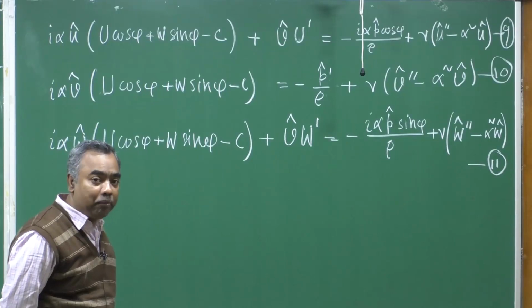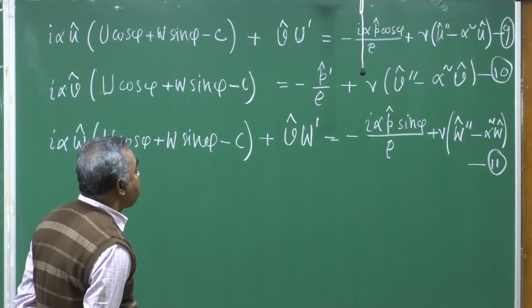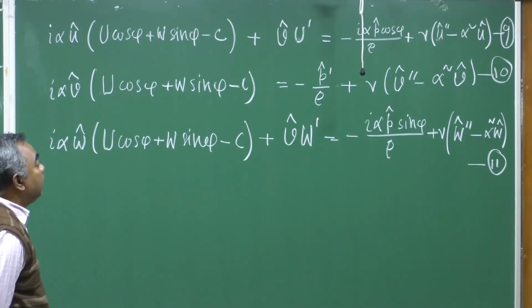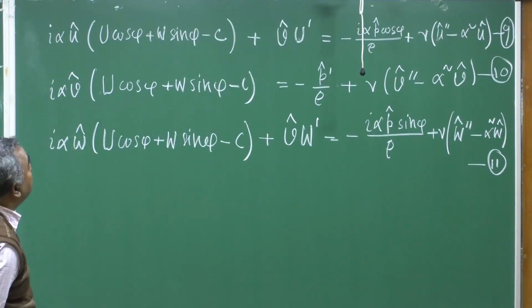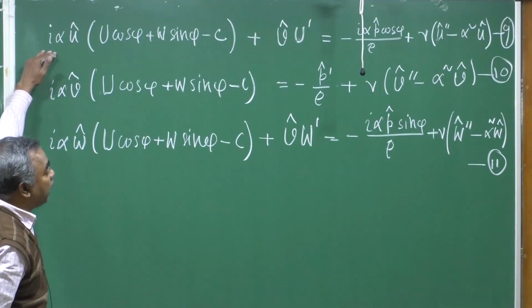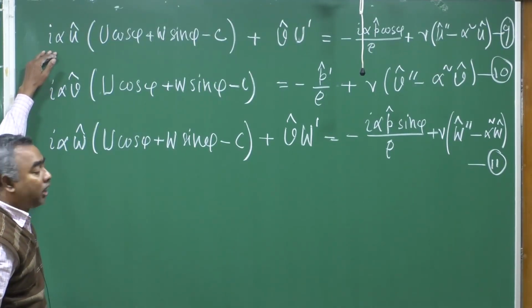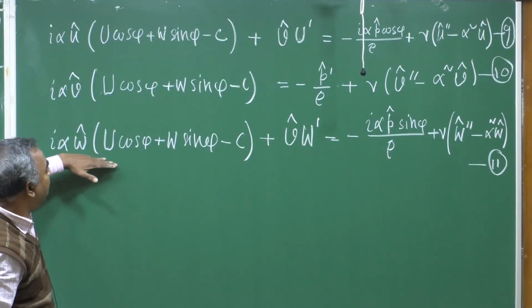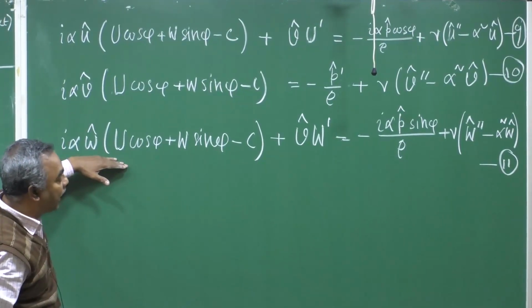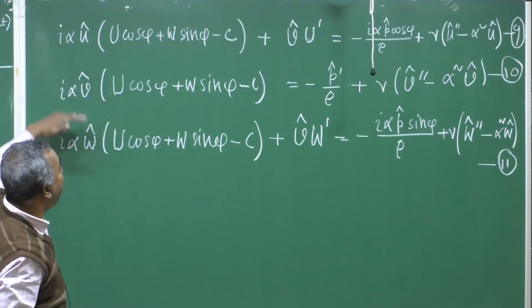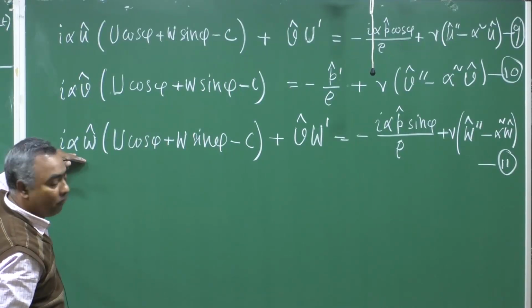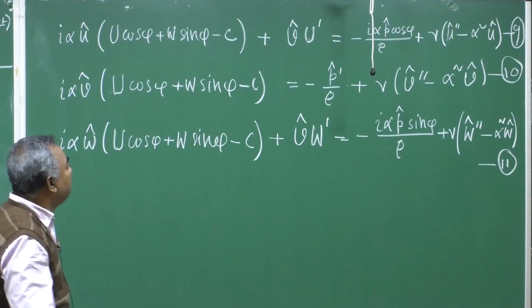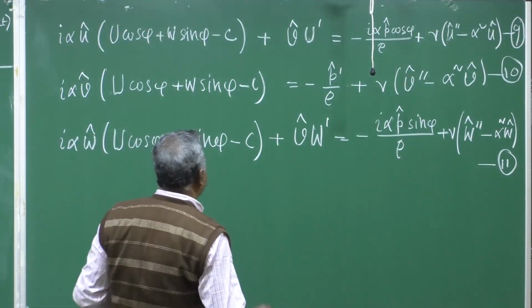So, we are still simplifying these equations. Now, if we multiply equation 9 by cos phi, multiply equation 11 by sin phi, and add them, let us see what we get.